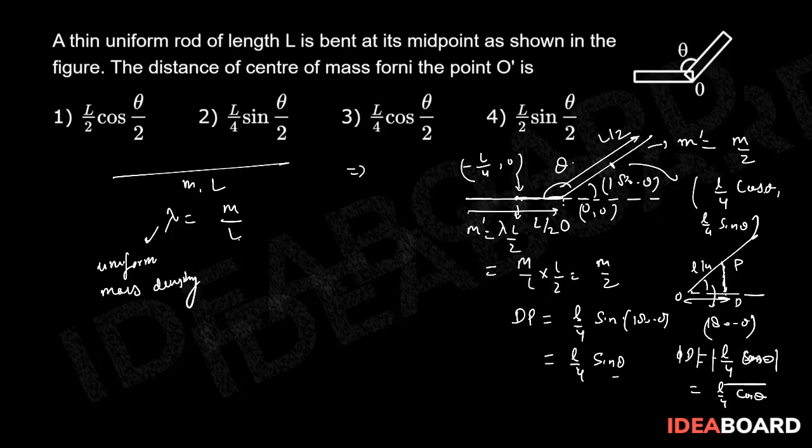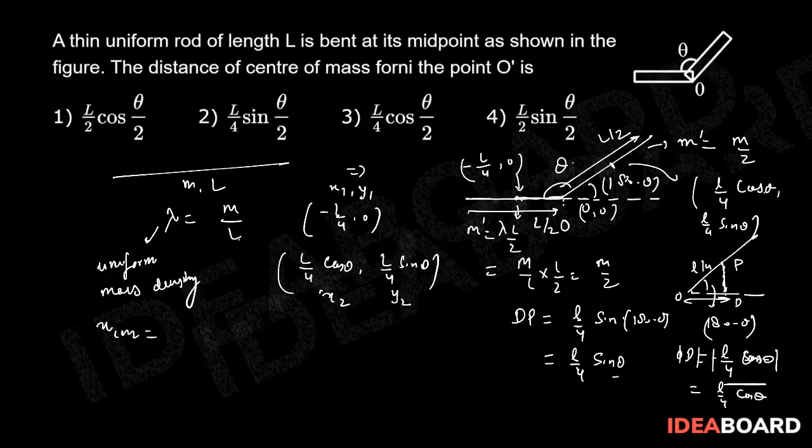So now we have 2 points. One point is minus L by 4 comma 0, another point is L by 4 cos theta and L by 4 sine theta. So this is x1 y1, this is x2 y2. Now apply xcm, which is m1 x1 plus m2 x2 divided by m1 plus m2.